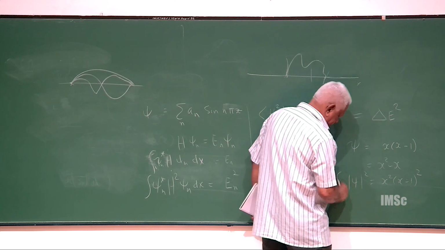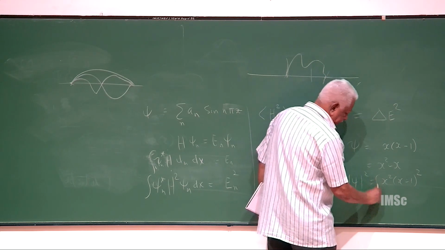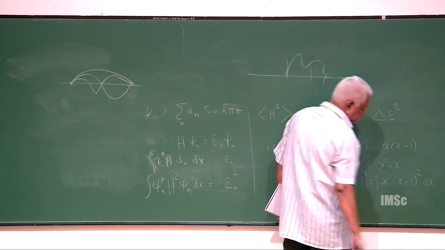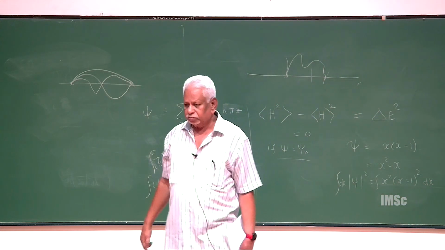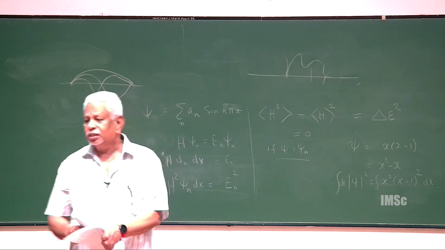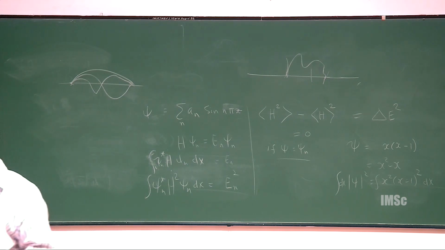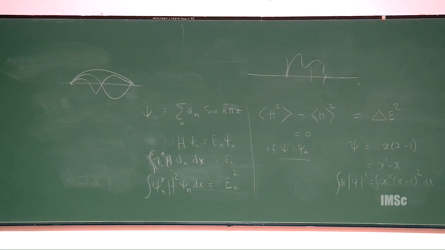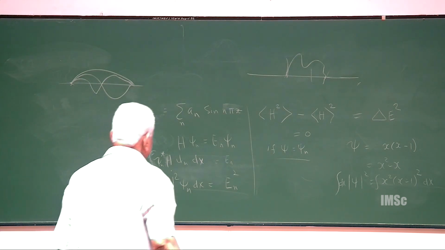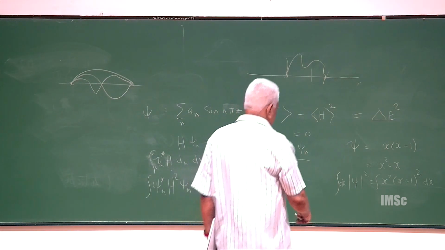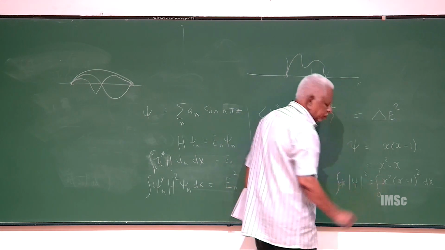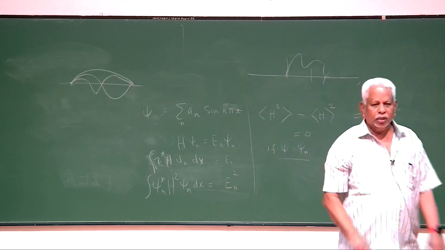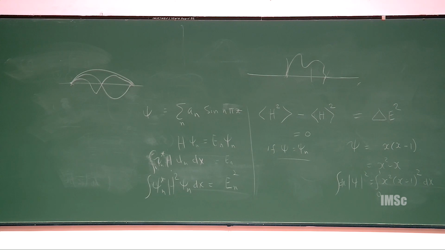I should find the integral of this, and I have to integrate only between 0 and 1. Everywhere else it is 0, so you don't have to do anything. It will give you a number. It is not very difficult.